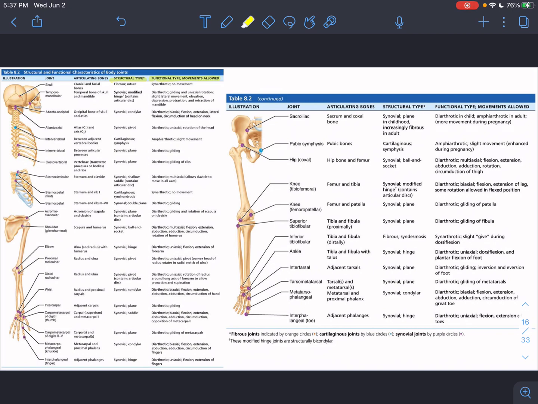The main ones that I gave examples of before are pretty straightforward, and you should know those, the structural and functional type, but I'm not going to make you match all of these. That would be ridiculous, but they're all here if you want to take a look and practice being able to classify the different joints in the body.